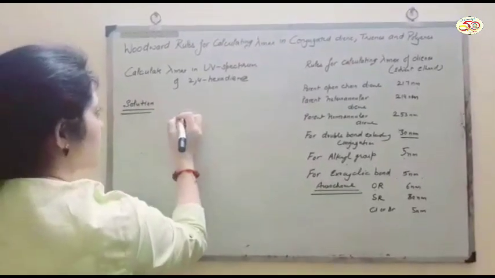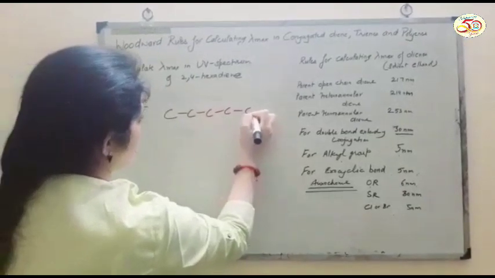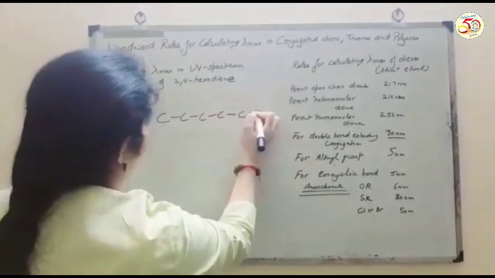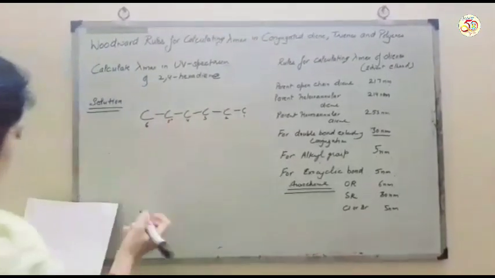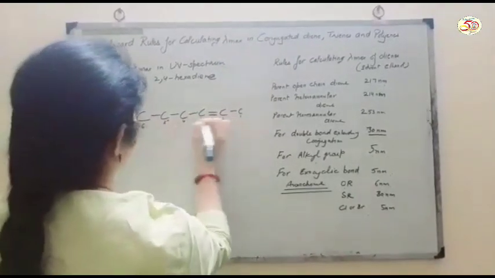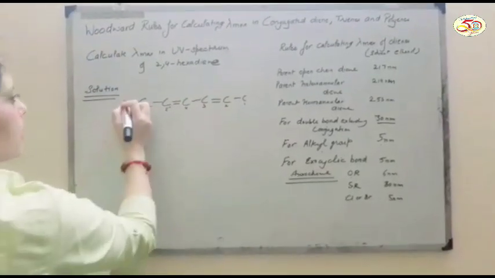First we will draw the structure. Hexadiene molecule means we have 6 carbons: 1, 2, 3, 4, 5 and 6. The 2,4 positions are these. This is the 2,4 hexadiene molecule.